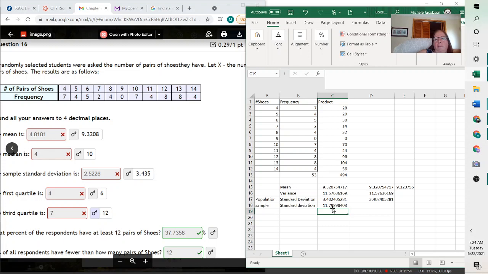So notice the variance is a little different. And then just take the square root of that.